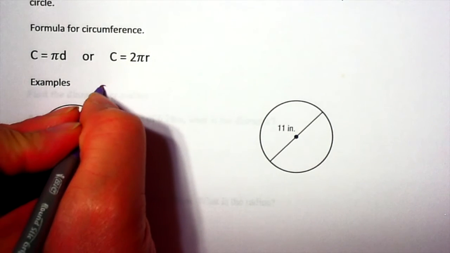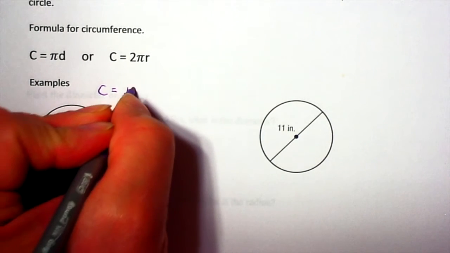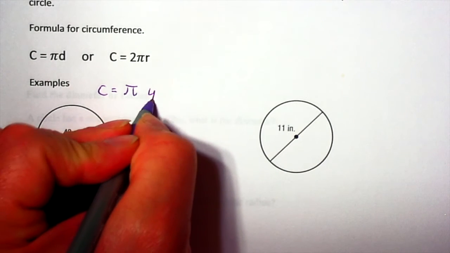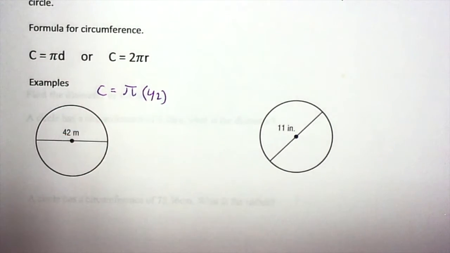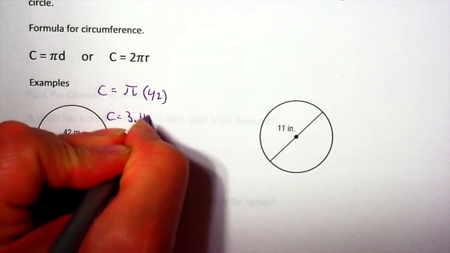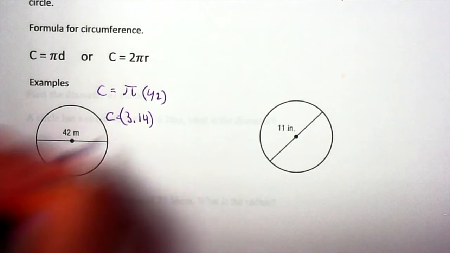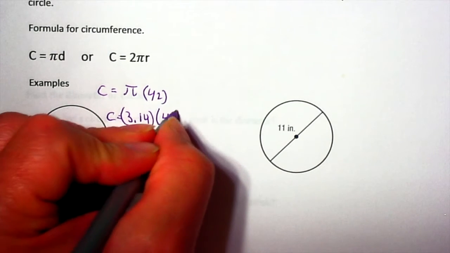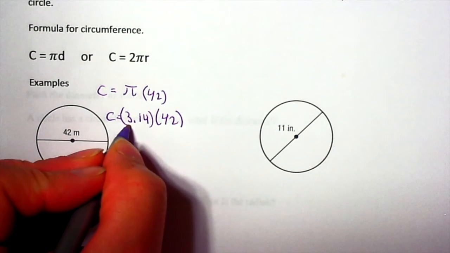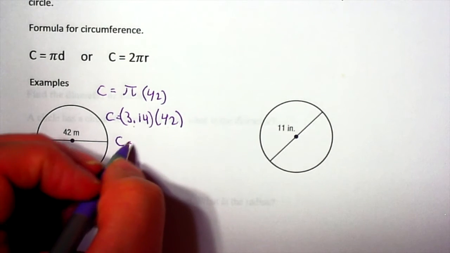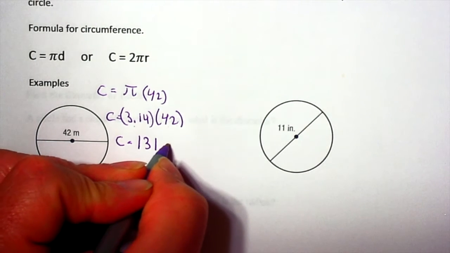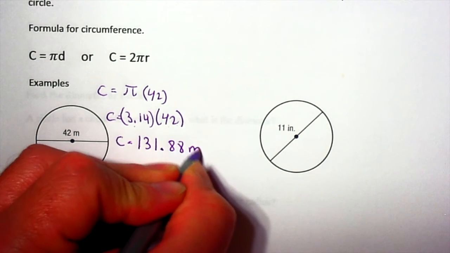So what I'm going to do is put, well, that's equal to pi times the diameter, which in this case is 42. Well, for these problems, I'm going to use 3.14 for pi times the 42. Now if I multiply straight across, just multiply those two numbers together, I get 131.88 meters.